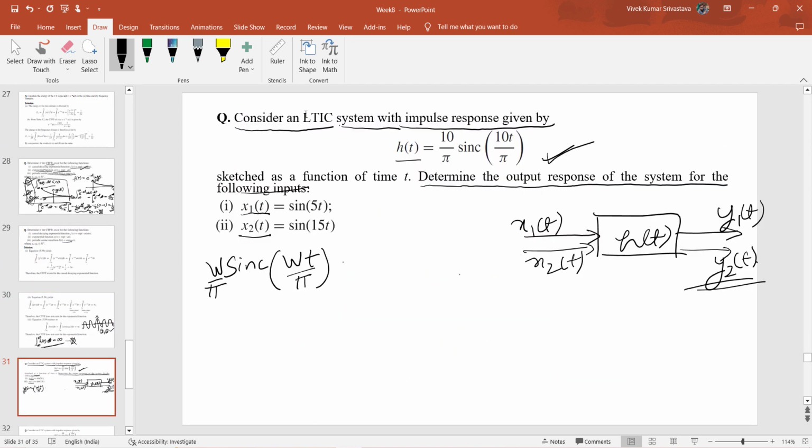So here the corresponding frequency domain will be rect of omega by 2W.